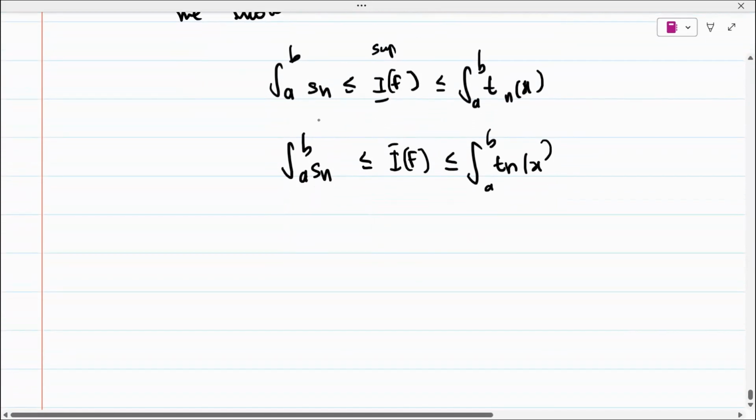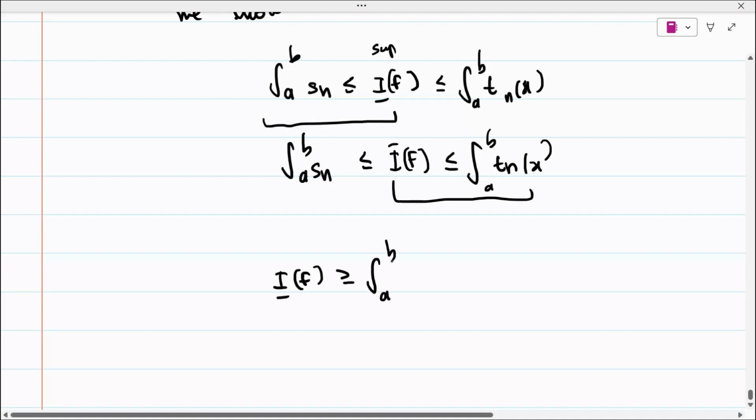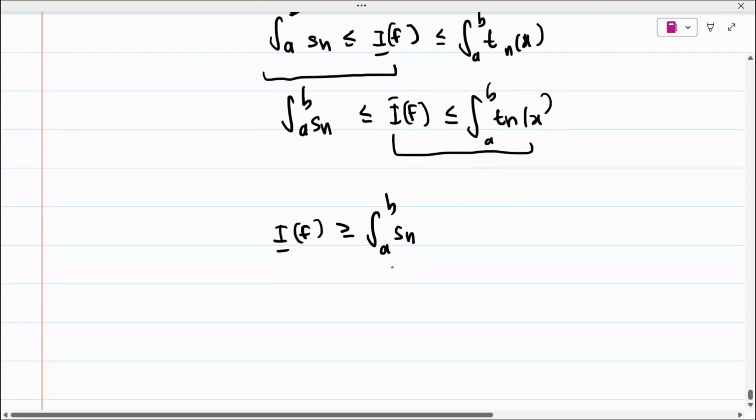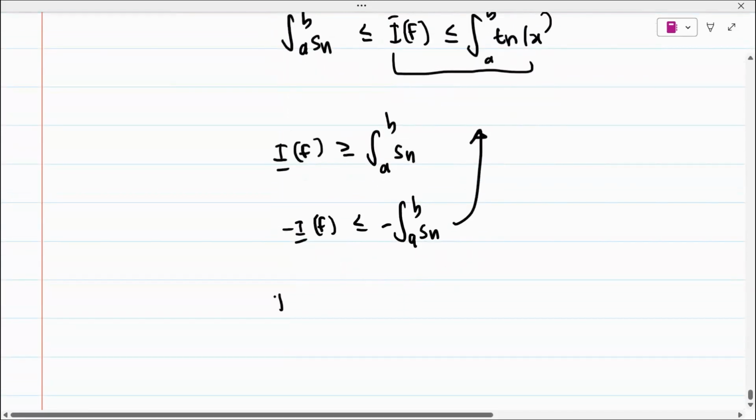So now let's take this here and this here. So this is greater than or equal to this. You multiply by minus 1 and then add it to this. So you get this minus this, the upper integral minus the lower integral of that.